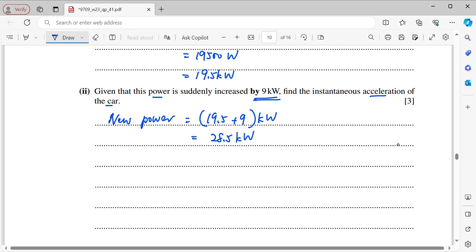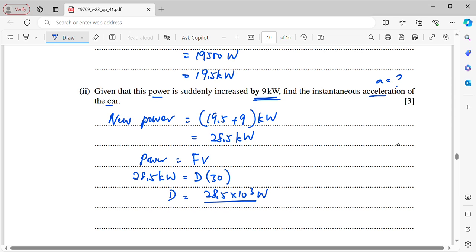Now I need to find what is the A. My power is F times V, so 28.5 kilowatt equals F, the driving force, times 30. From here I will get my D is 28.5 times 10 power 3, because kilowatt, then this is watt, over 30. That means this is going to be 950 newtons.